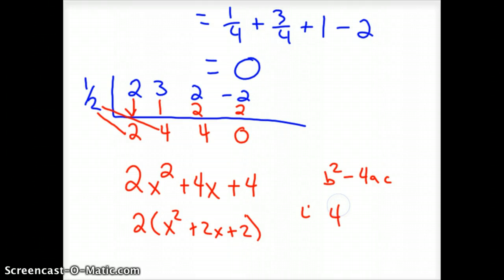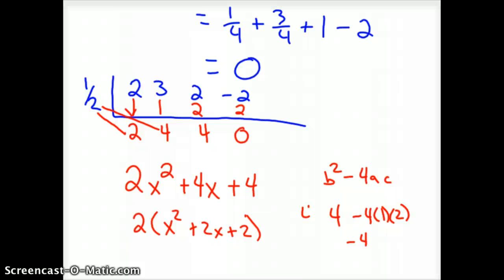We'd know that you'd have 4 minus 4 times 1 times 2. And 4 minus 8, it's going to be negative 4, so I know that the next 2 roots are going to be imaginary. So that's a quick method on how to find your roots and use the factor theorem to do it. So hopefully this helps. Good luck, and I'll catch you next time.